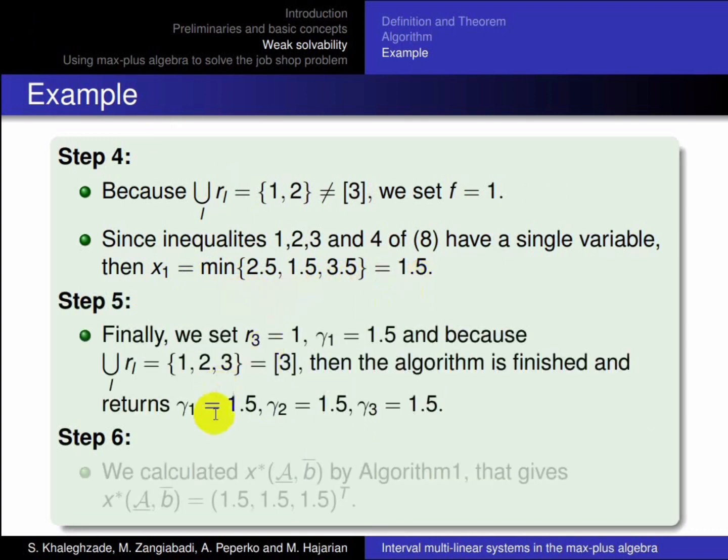Finally, we return gamma 1, gamma 2, gamma 3, because the union is equal to 1, 2, and 3. So coming back to algorithm 1, we calculate x star by the algorithm, which gives x star equals these amounts.